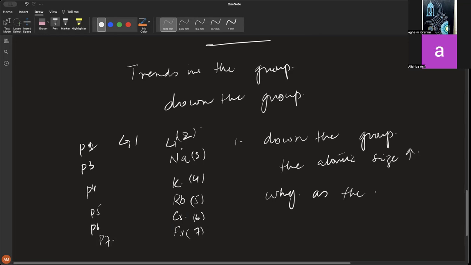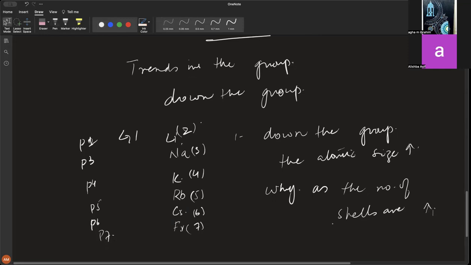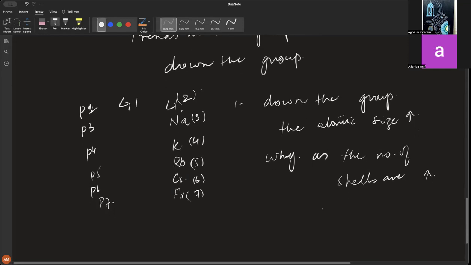If you look at sodium, sodium is 11, so it is 2 8 1.